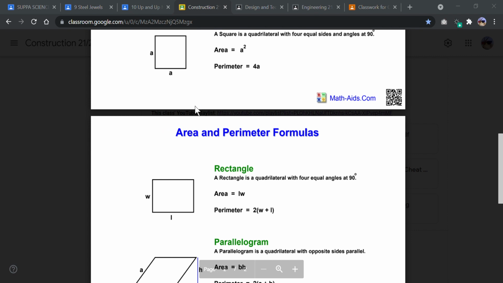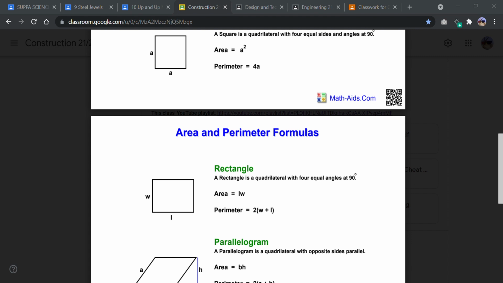So I'm going to put that in my calculator. 60 times 20 equals, what's the answer? Can anyone tell me the answer? 1,200. 1,200 what?